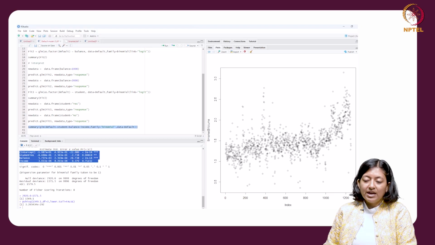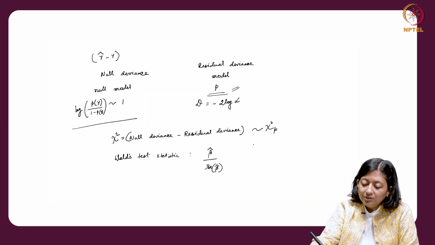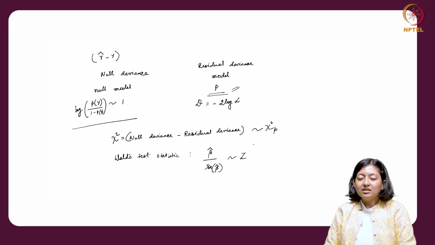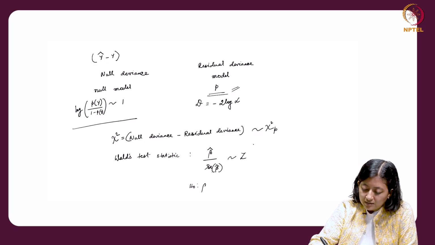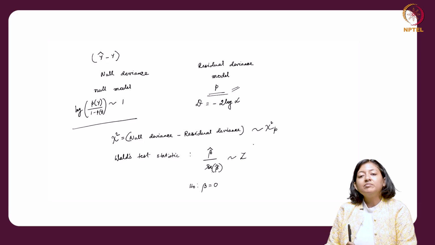And then we also have the p values and the significance indicator. So this actually has the Z distribution under the null hypothesis. What is the null hypothesis? The simple hypothesis of beta equal to 0.